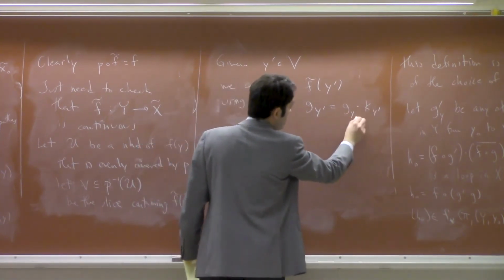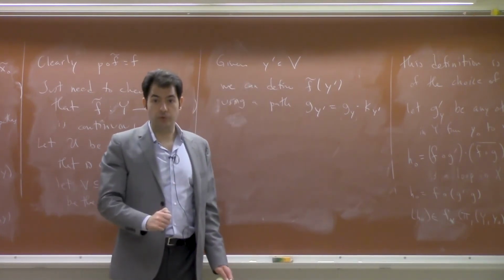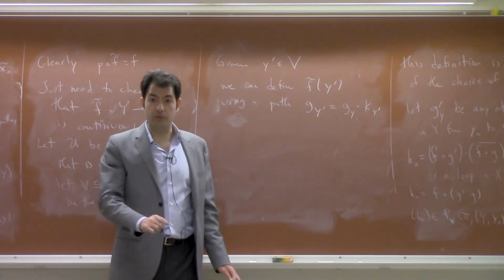So let's say that this g_y is the original path that we chose that gets you to y. Right. So fix that path.